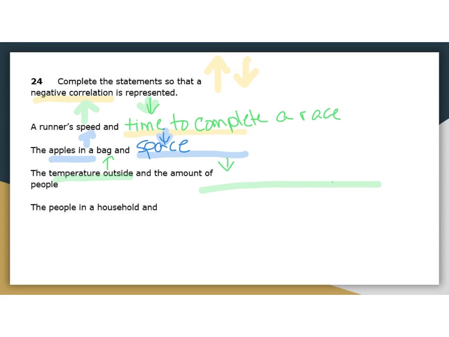So we could say the temperature outside and the amount of people wearing coats. If it's going to get really hot outside, you're going to have fewer people wearing coats.